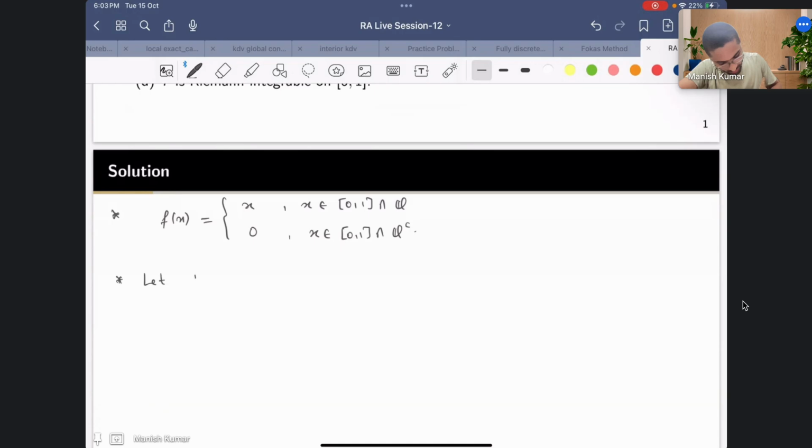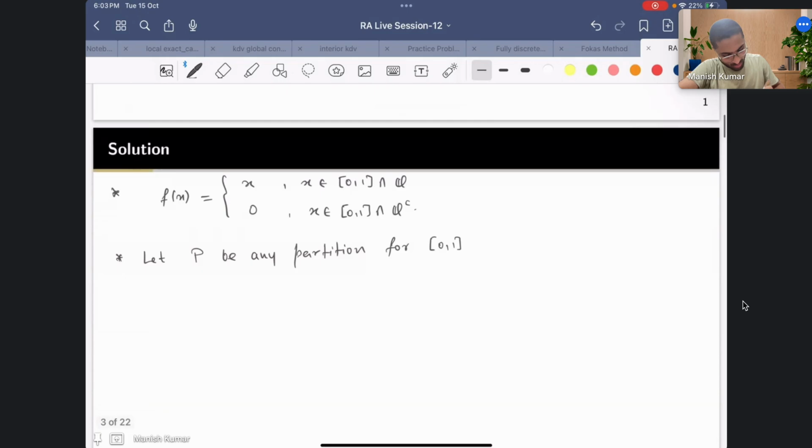Let P be any partition for the interval [0,1]. I'm denoting P as 0 = x0, x1, and so on till xn, which is equal to 1. So this is any partition we are taking.